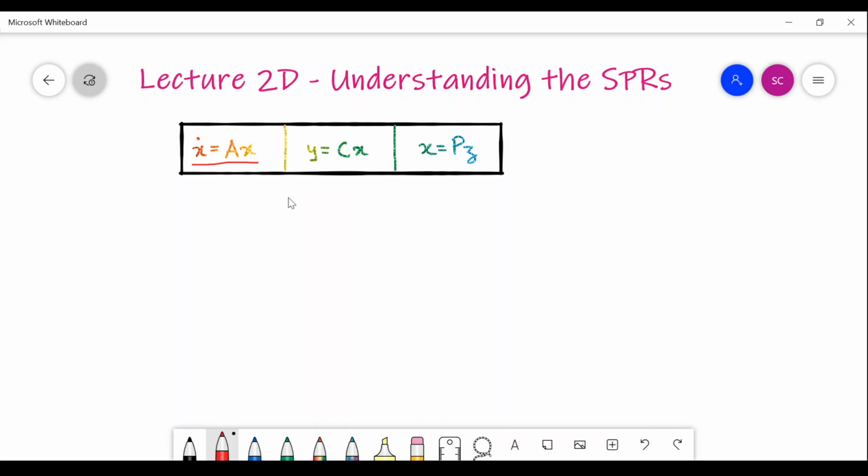With all these understandings, we will be able to look at these equations in a deeper manner, with more insight.